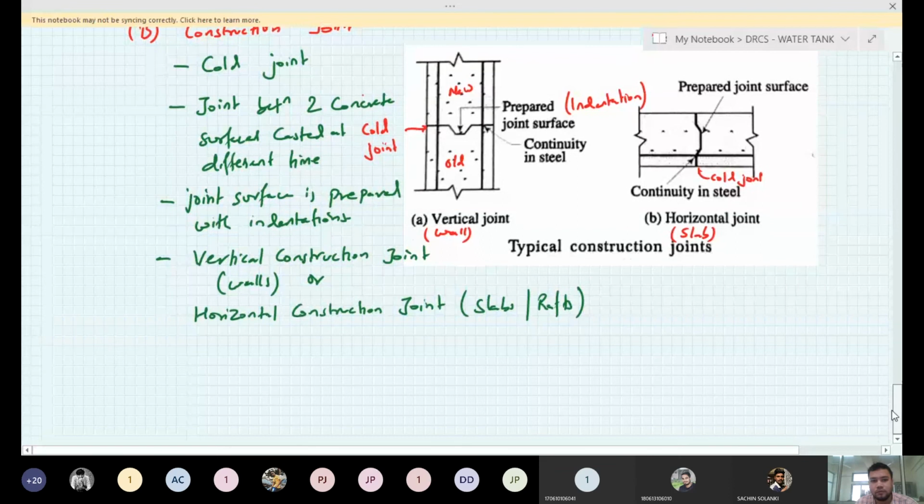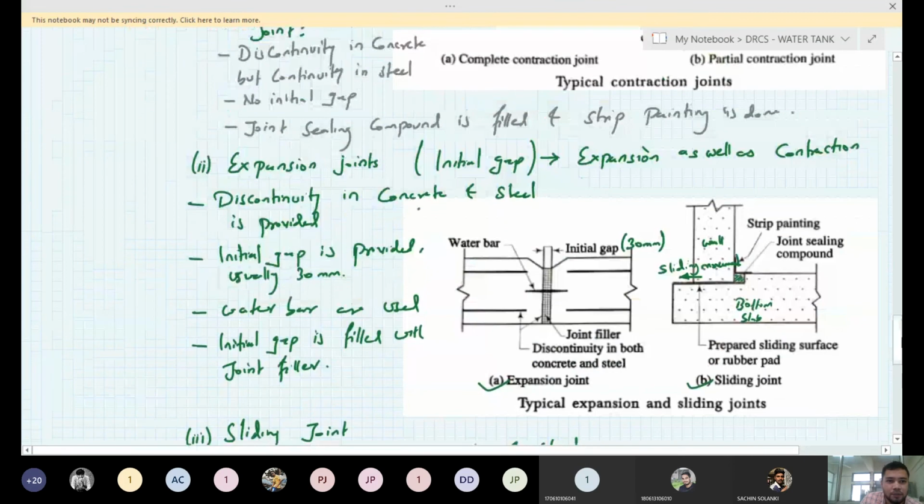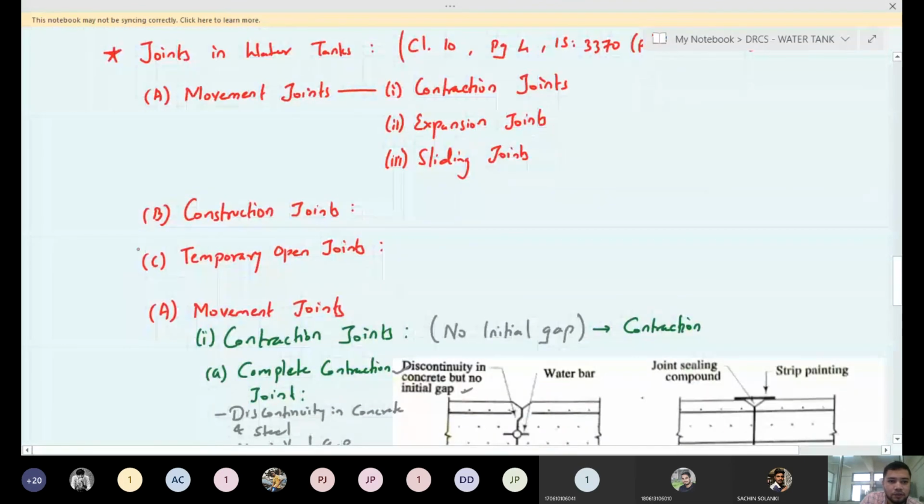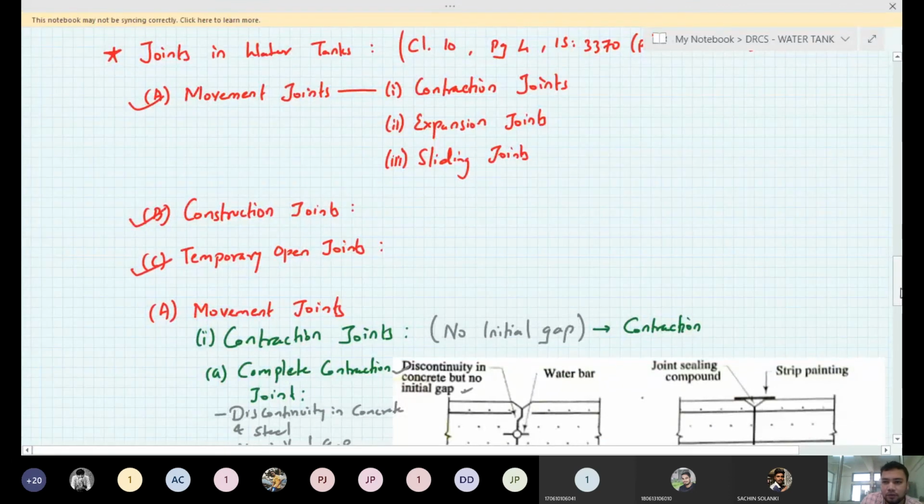Okay, and last, the third type is the temporary open joints. We have covered the others, and the third one is temporary open joints.